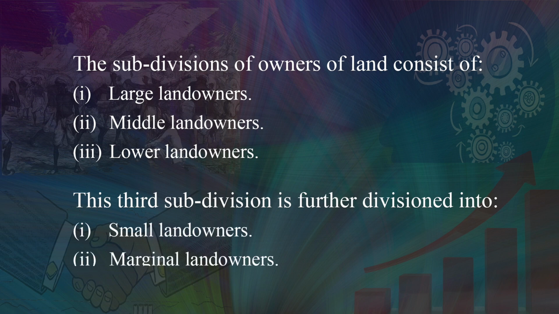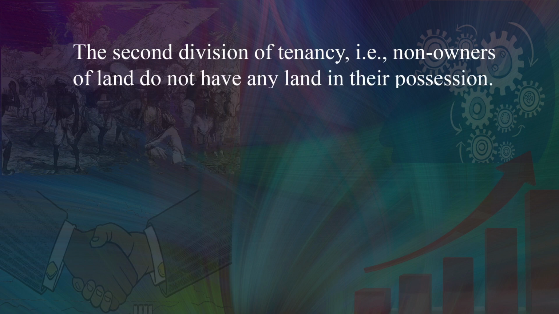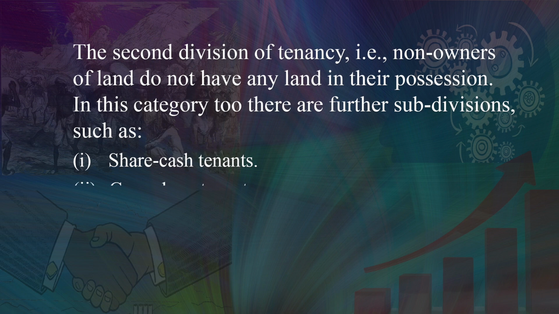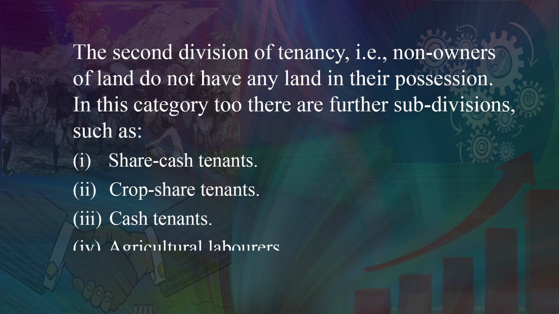This third subdivision is further divided into number 1, small landowners, and number 2, marginal landowners. The second division of tenancy, that is non-owners of land, do not have any land in their possession. In this category too, there are further subdivisions such as number 1, share cash tenants, number 2, crop share tenants, number 3, cash tenants, and 4, agricultural laborers.